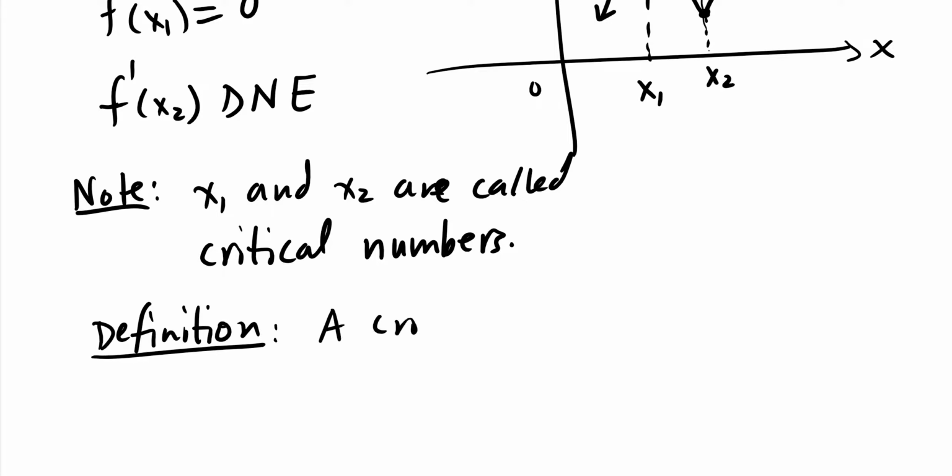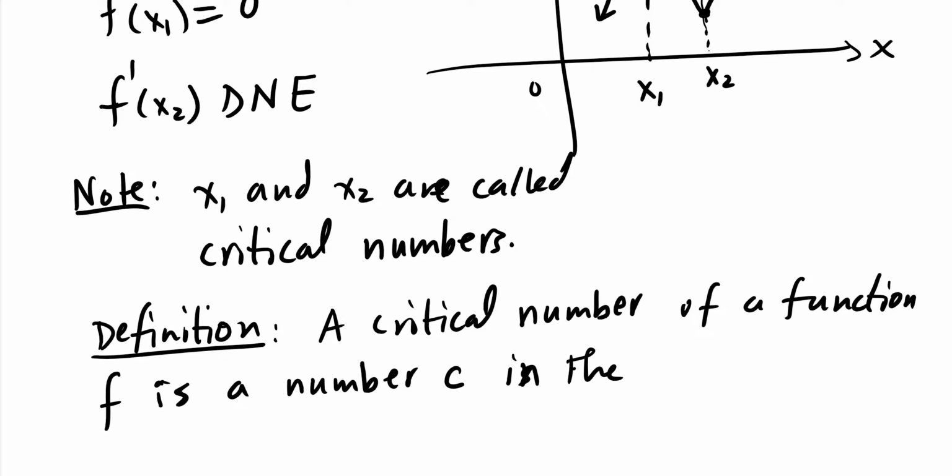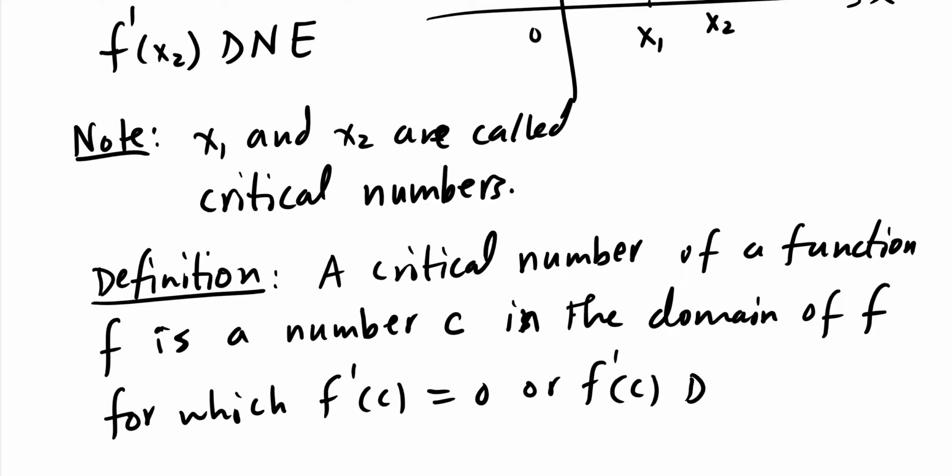We say a critical number of a function f is a number c in the domain of f for which f prime of c is 0 or f prime of c does not exist.